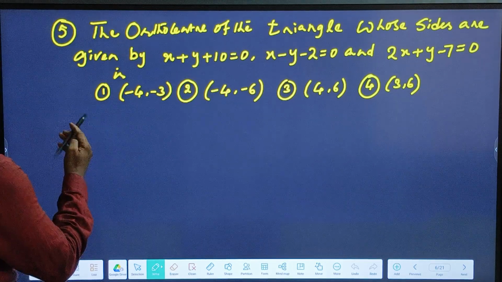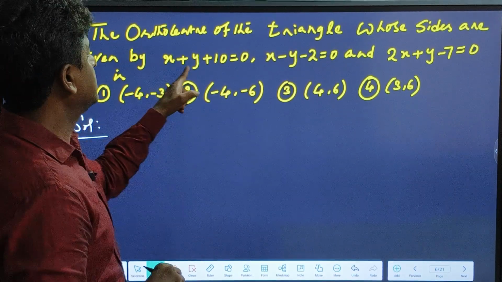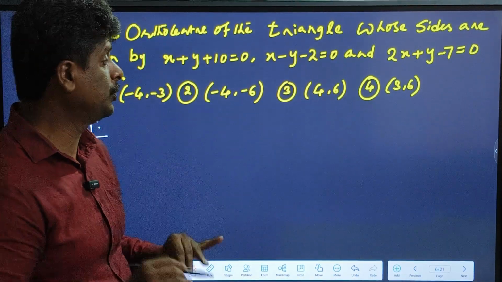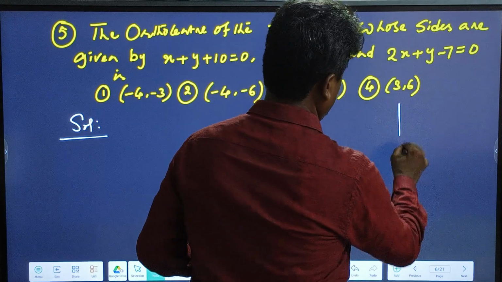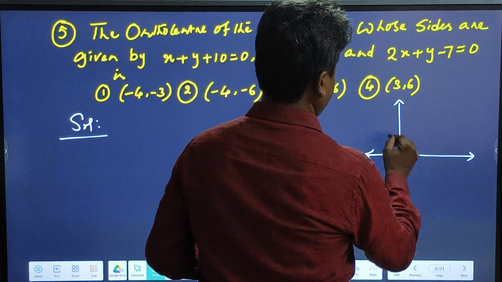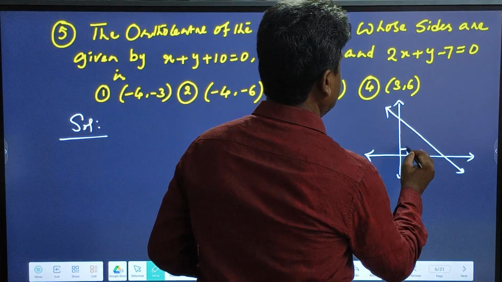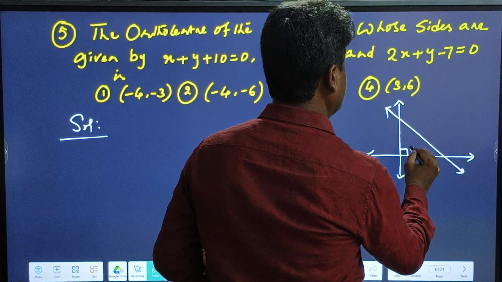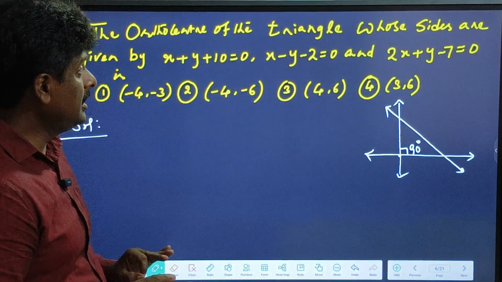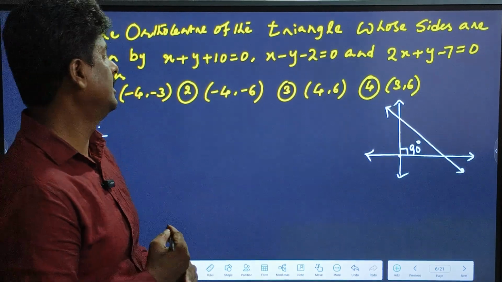Do observe that the given lines x plus y plus 10 equals 0 and x minus y minus 2 equals 0 are perpendicular to each other. The third line is neither perpendicular nor parallel to these two lines. So it is very clear that the triangle formed by those lines is right angled.